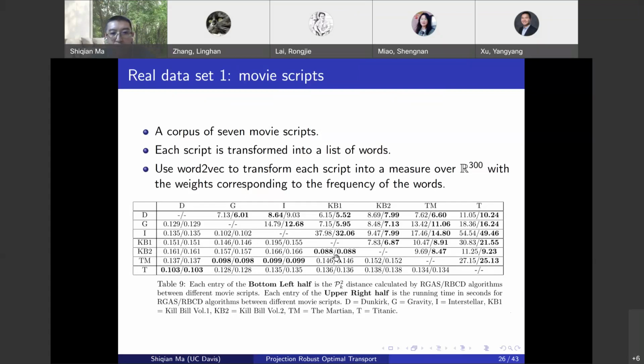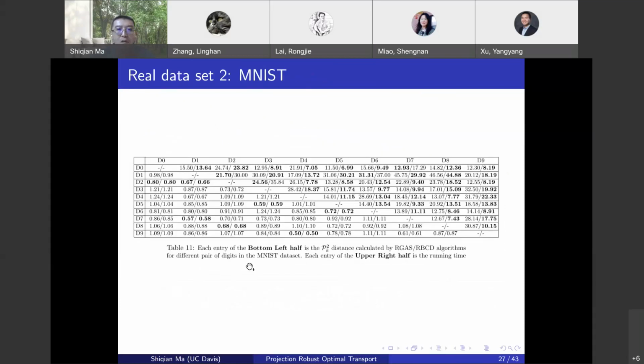Among these three numbers and these three numbers, we found that this one is the smallest. That means KB1 and KB2 are indeed the closest among all these pairs. I hope this example shows you that the projection robust Wasserstein distance really makes sense in practice.